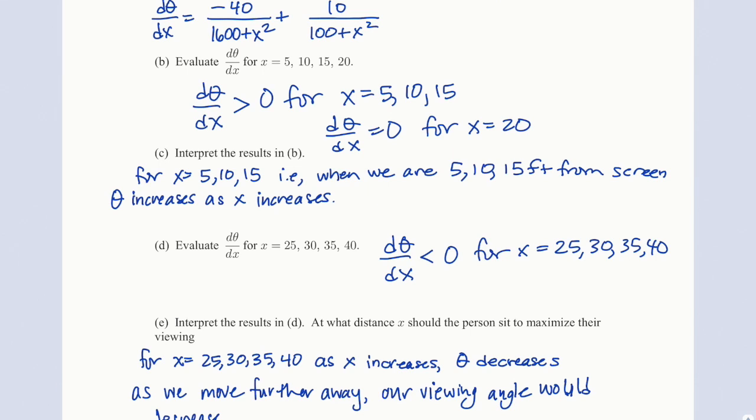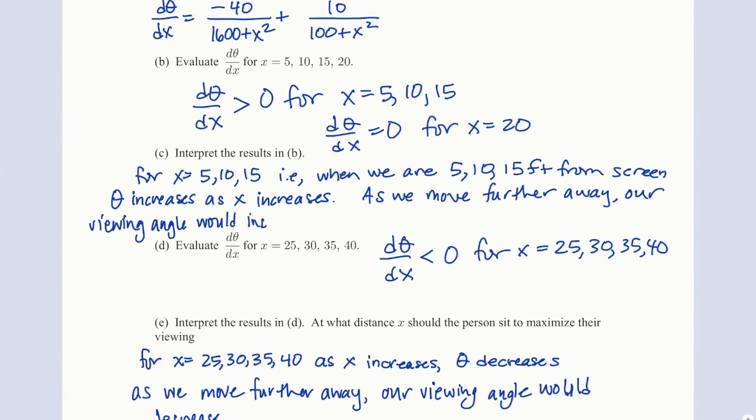But for those values 5, 10, 15, that means as we move further away, our viewing angle would increase. So it seems that x equals 20 would be the best spot. That spot where the derivative switches from positive to negative. So up ahead of x equals 20, if we increase x a little bit, our angle is getting bigger.